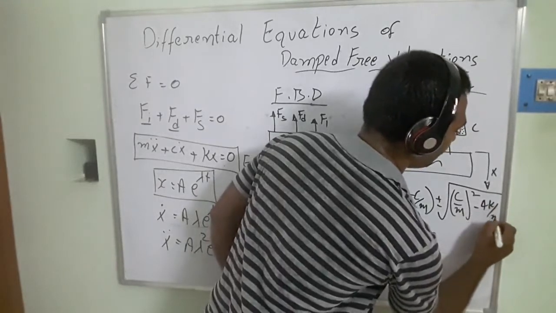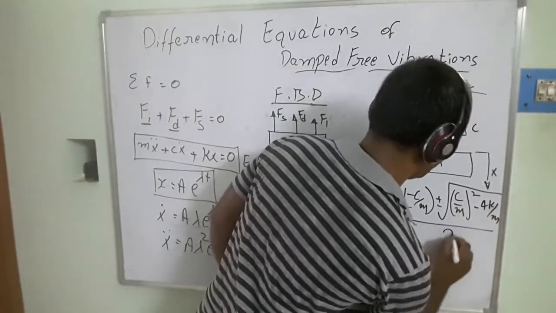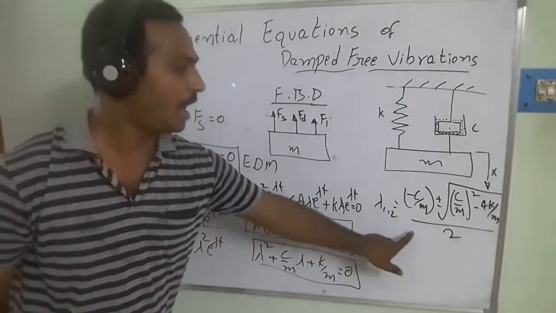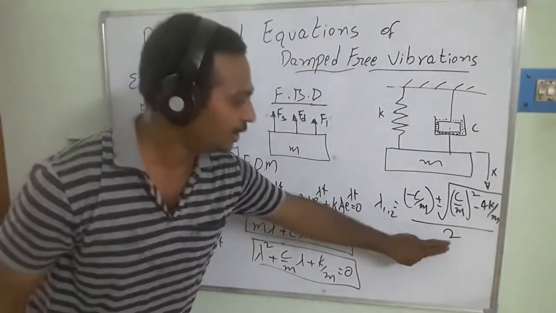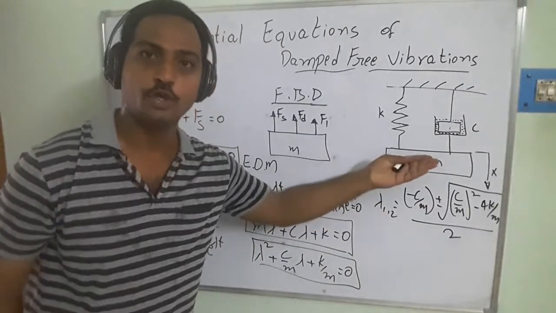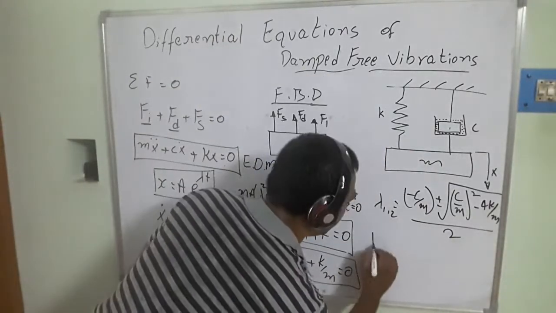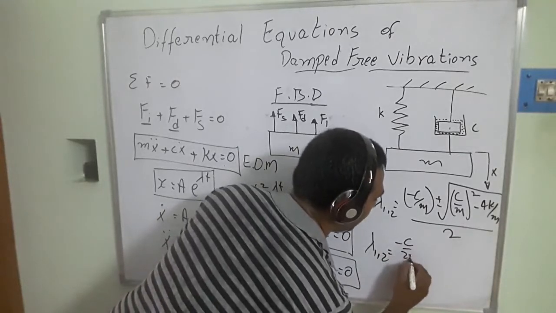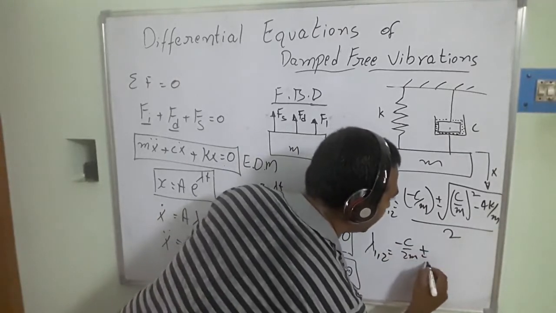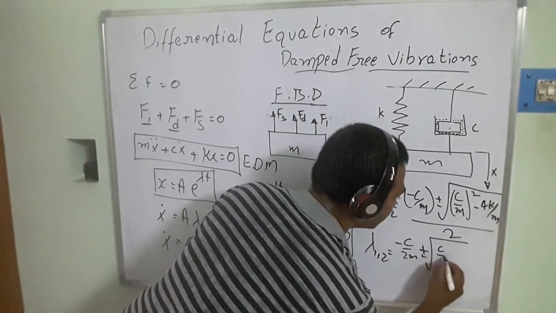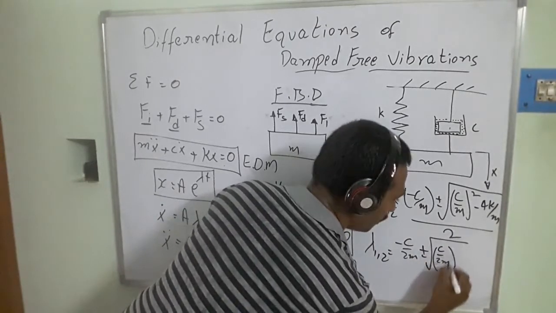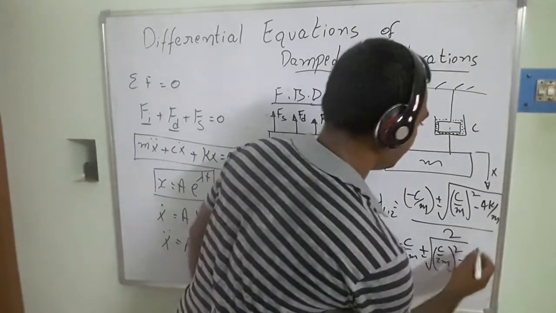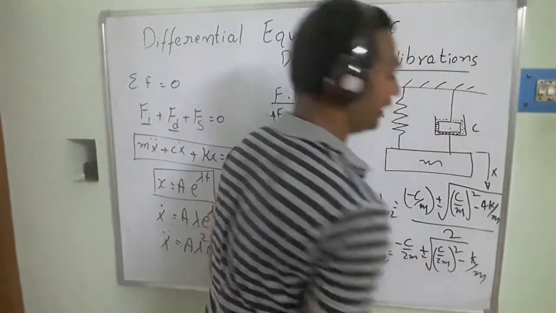So 4k by m we have, divided by 2a, where the coefficient a is 1. After solving this equation, the 2 I am going to take to the denominator. So lambda 1, 2 is equal to minus c by 2m plus or minus the square root of c by 2m whole square minus k by m.